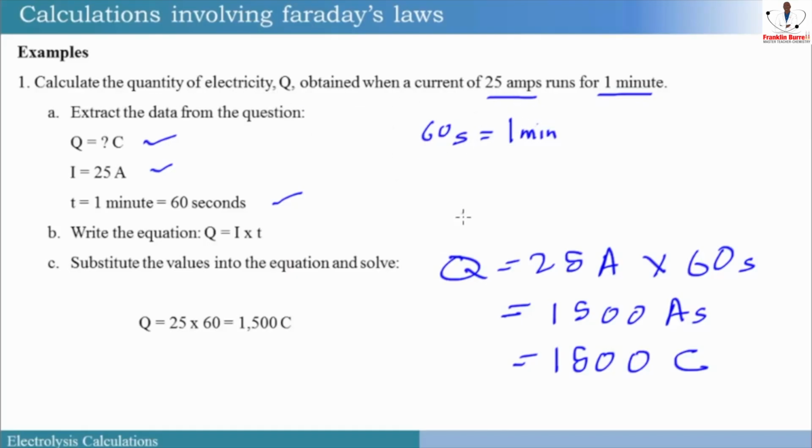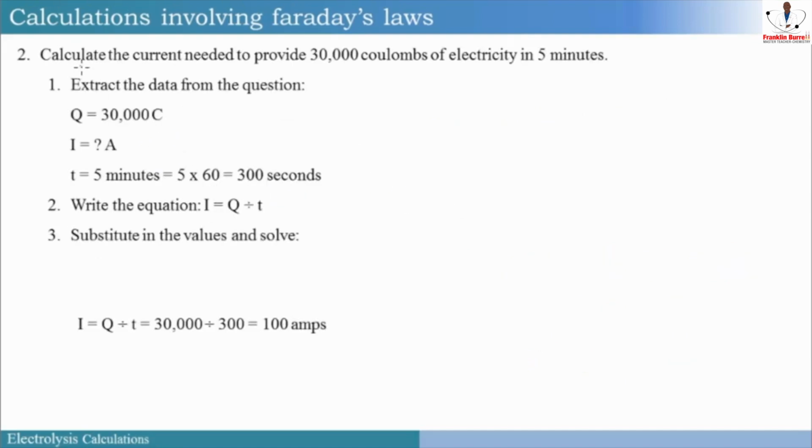Let us look at some other examples. In this example, we are to calculate the current. So this time we want the current needed to provide 30,000 coulombs, that's Q, of electricity in 5 minutes.